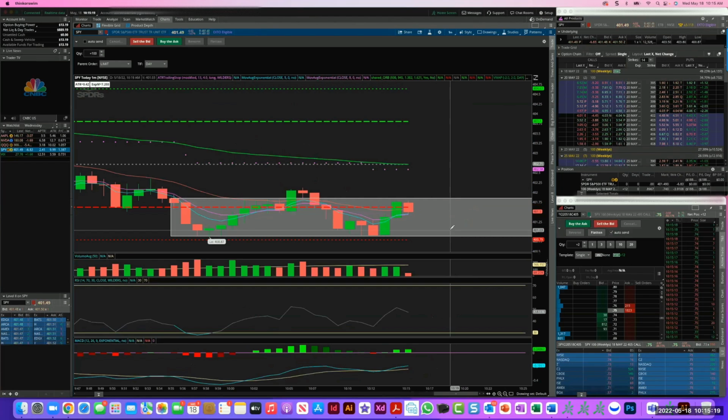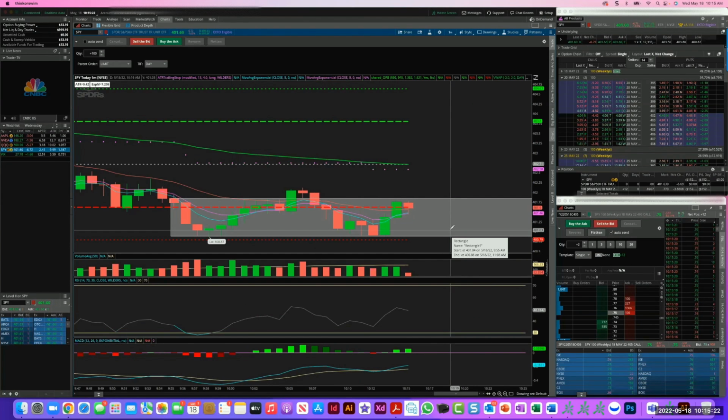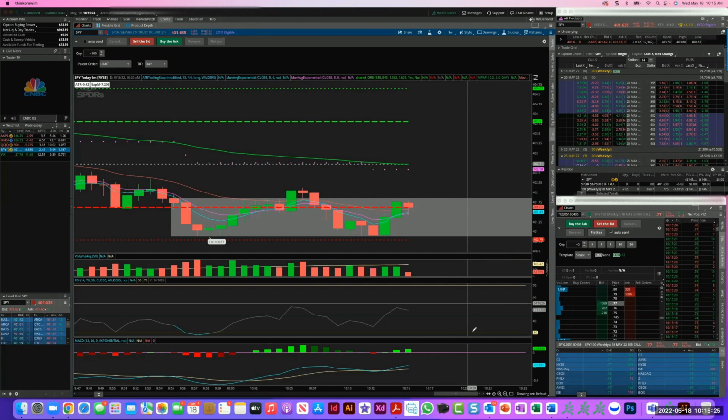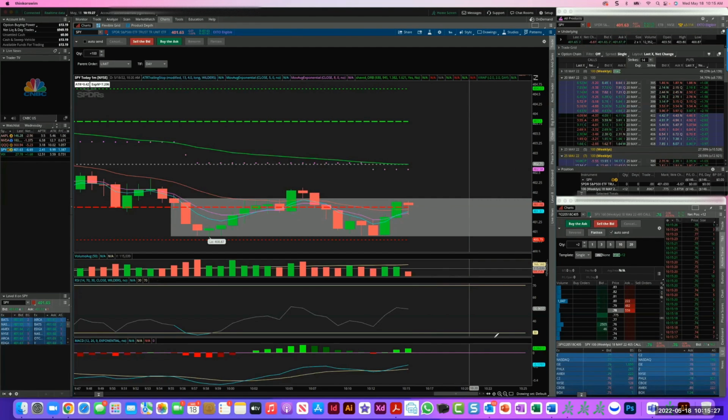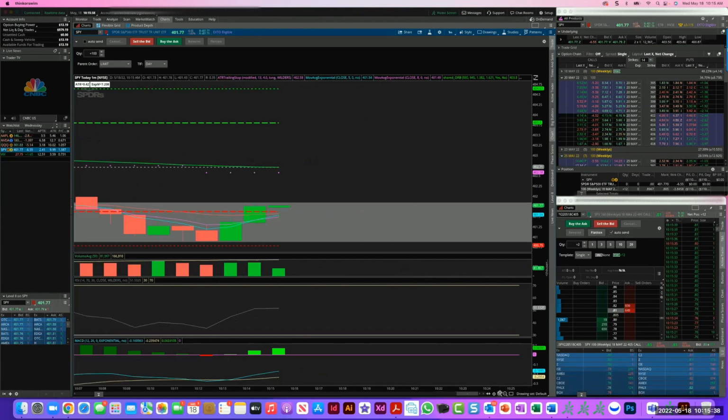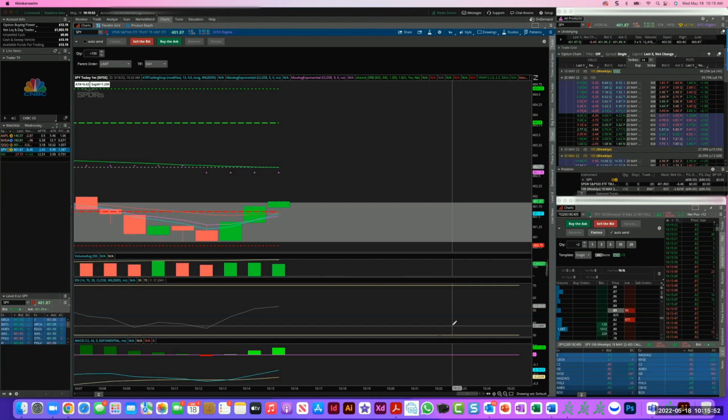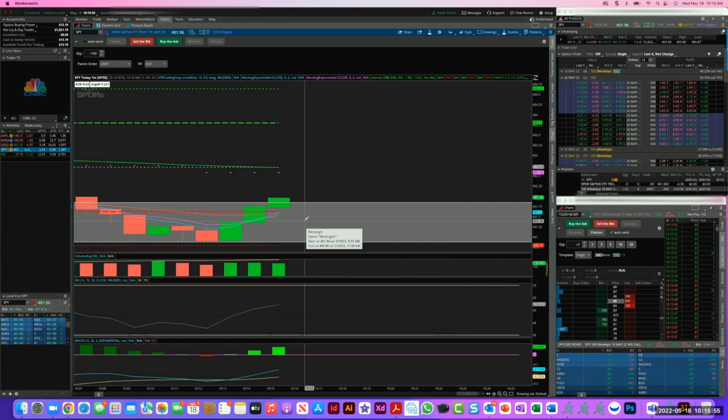So that zone runs from a low of 400.88 to a high of 401.84. And we need to break out of this. So if we can break out of this congestion, then we should be okay to make our move to the upside.